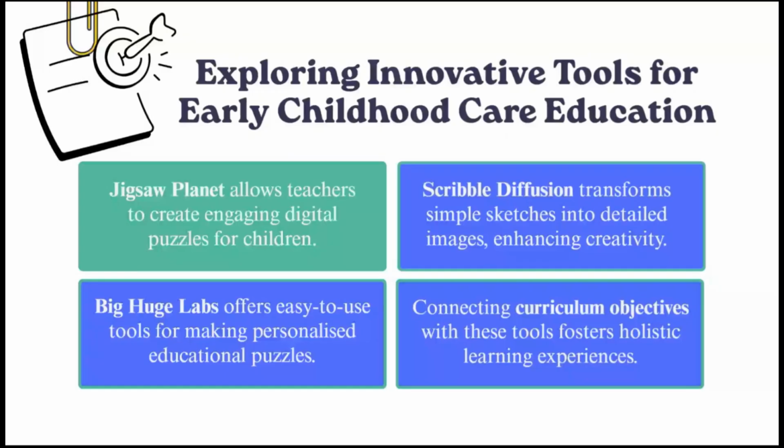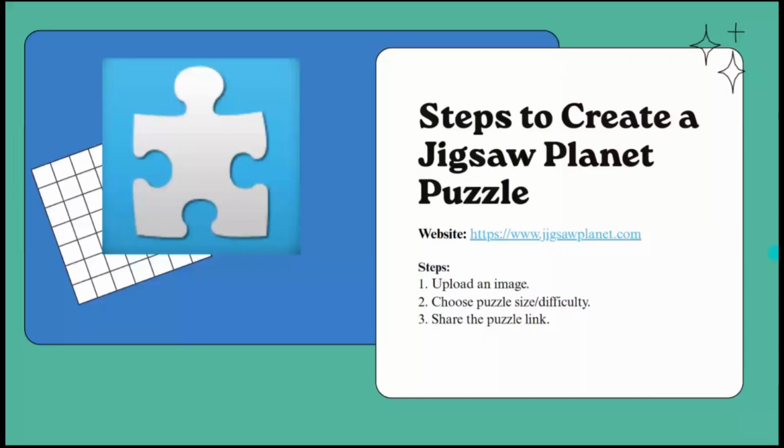So, as I said, we can use this to create great lessons. So let's go straight into how to create a jigsaw planet puzzle. Creating this type of puzzle is easy. Here are the steps.